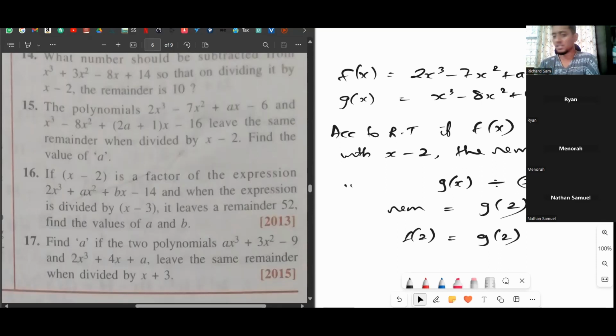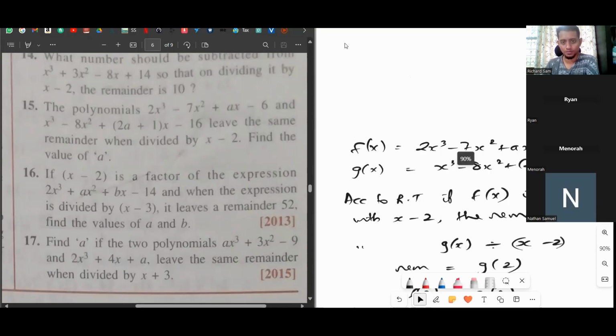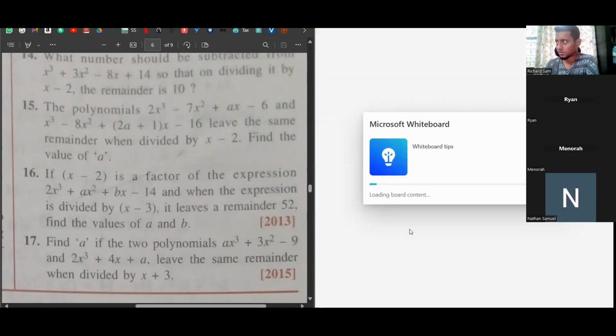So why do you have different answers then? 10. Okay. And 6. The answer behind is 10. Is it the same question? Yes. Numbers are same? Yes.